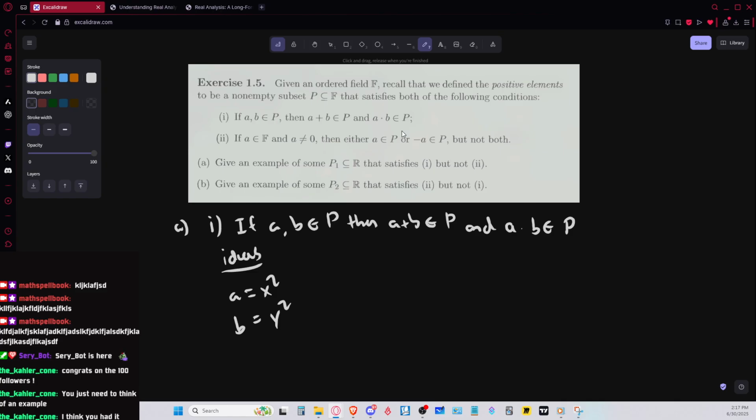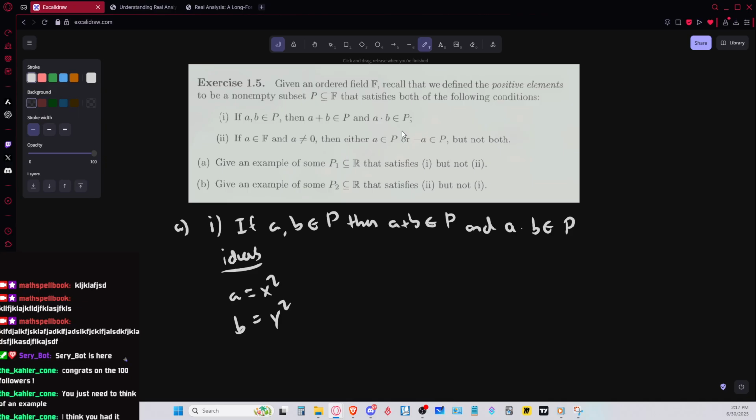Because if it's x squared times y squared, then you just end up with another number that's squared. But you can also include the negative versions of those numbers, because since they're squared, they're always going to turn positive. That's the only thing I can think of at this point. I don't know if that is the correct way to view this particular problem.